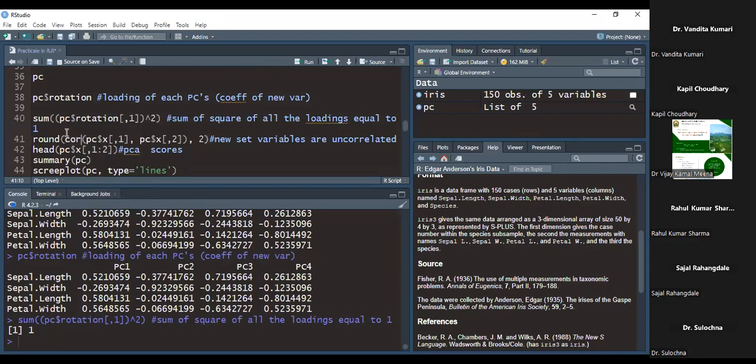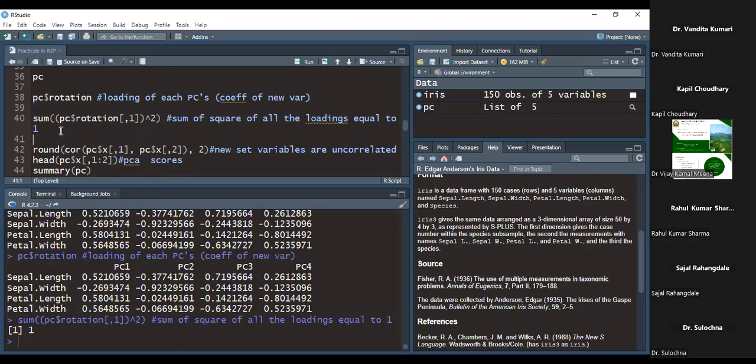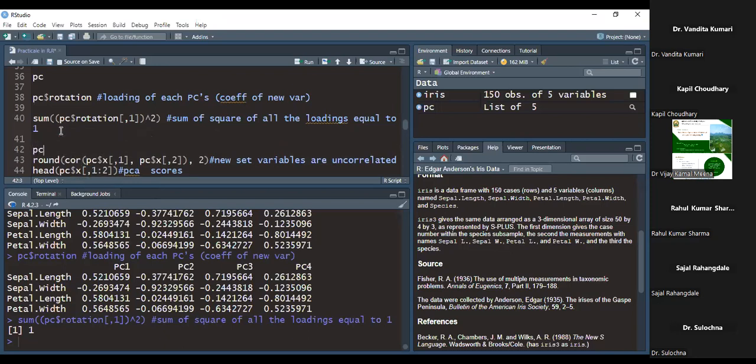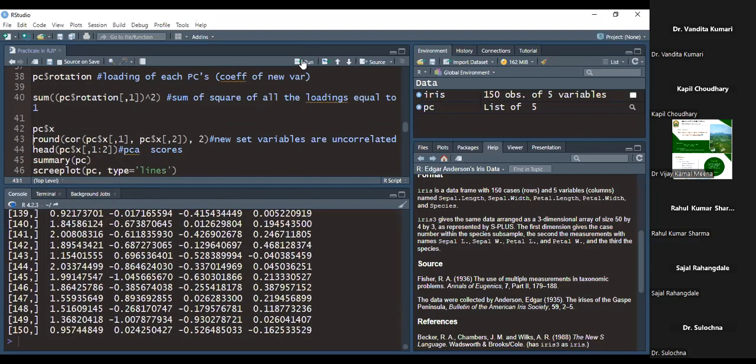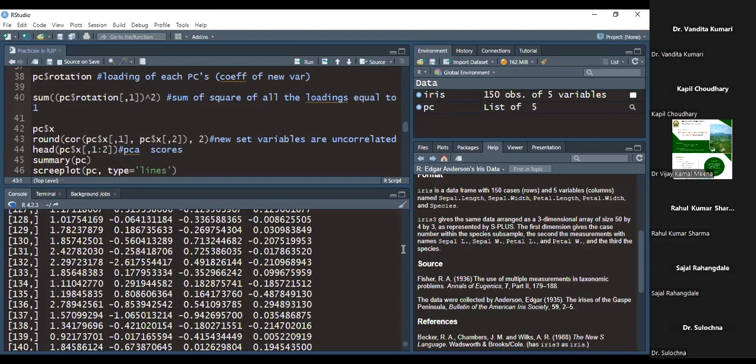So what is $X? See, $X, these are the principal component scores. What is a principal component score? When we multiply each of the principal component loadings with each of the variables, we find the PC score, as I mentioned.